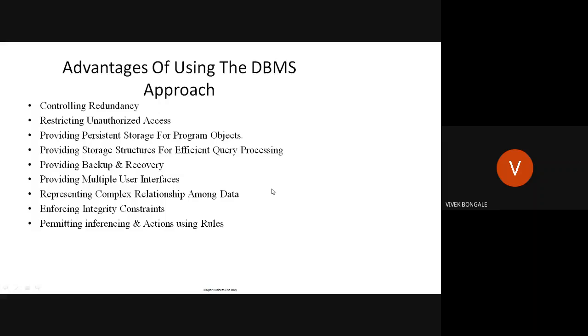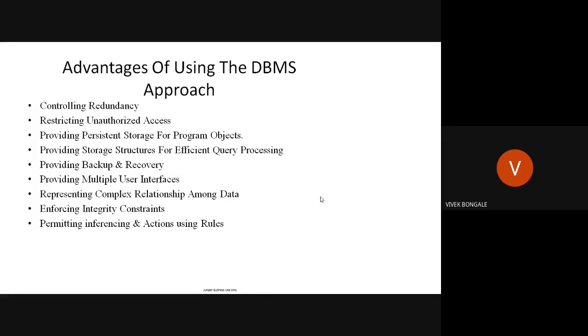For example, if we are creating a company database or college database, faculty is one relation, and it has different data, and non-technical staff has different data. So there is a relationship between the data, and we can apply a variety of complexity on the relationships between the tables. That is allowed in the DBMS approach.